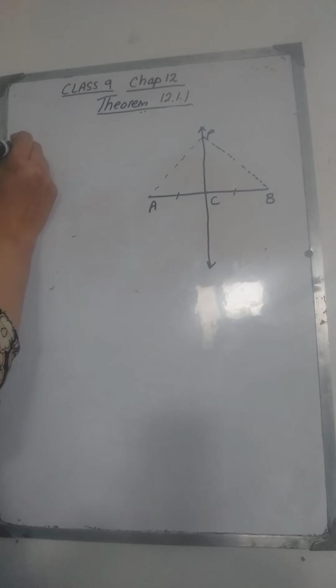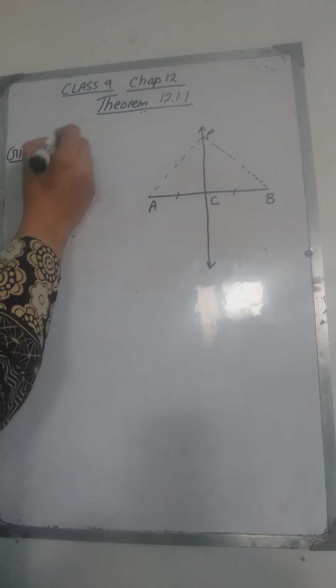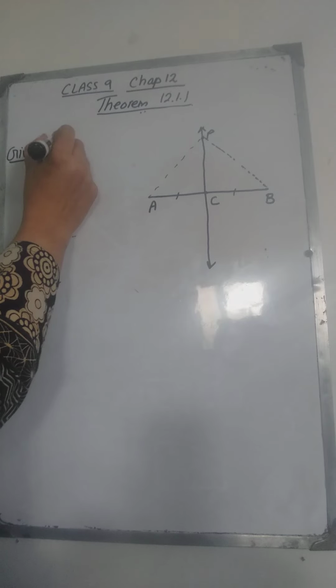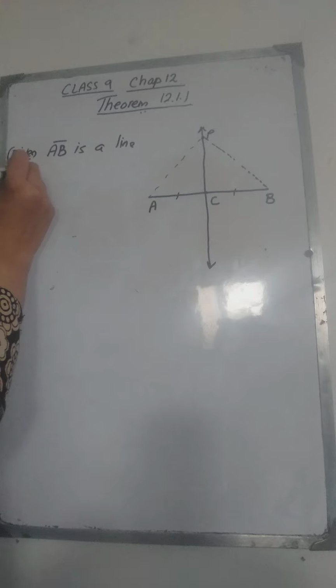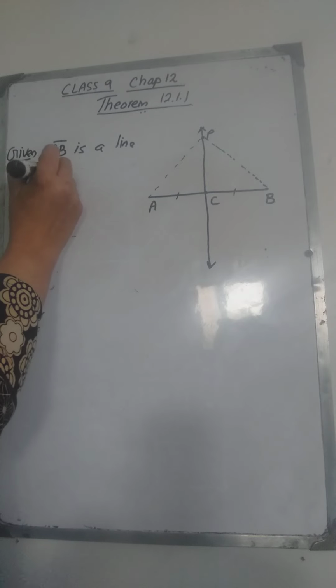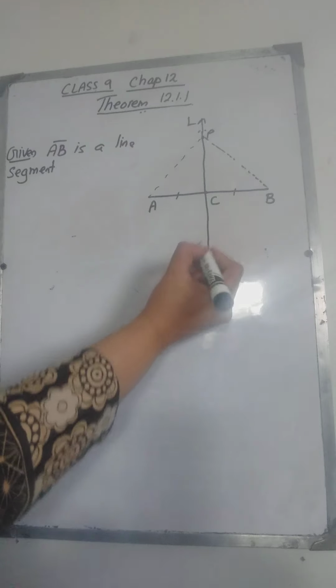So we are given that AB is a line segment, and let this bisector be named as LM.